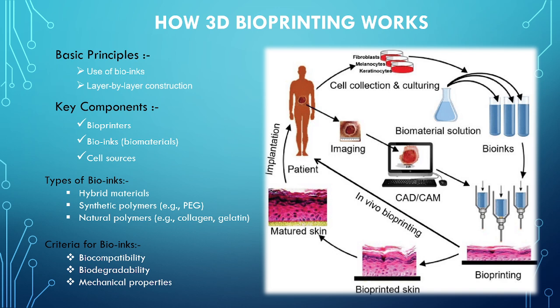Criteria for bioinks. In order to make a bioink, what are the concepts we should make sure are applicable? First is biocompatibility. What do you mean by biocompatibility? It should cooperate with our internal organs, internal tissues and internal environment.